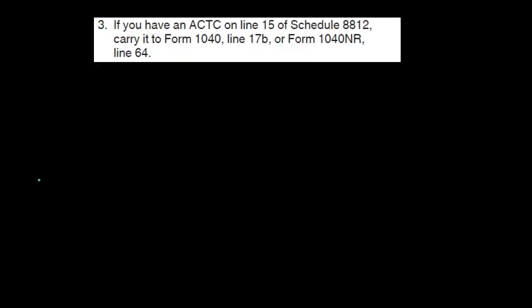Number 3, back to the text. If you have an ACTC, additional child tax credit, on line 15 of Schedule 8812, carry it to Form 1040, line 17B, or Form 1040-NR, line 64. So that basically means that we're going to fill out the additional child tax credit form, which is Schedule 8812, and then we're going to take the bottom line, whatever that comes to, and bring it to the Form 1040.